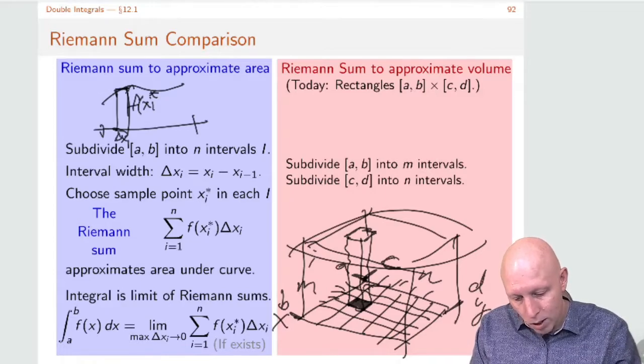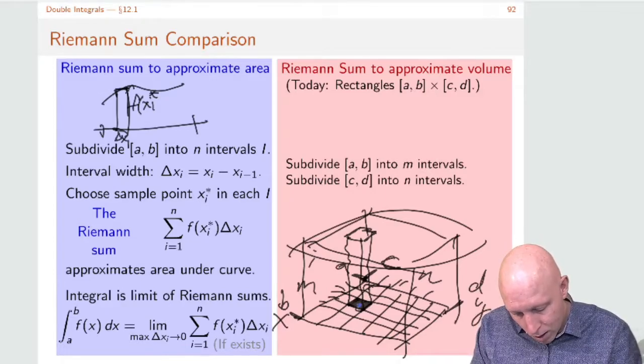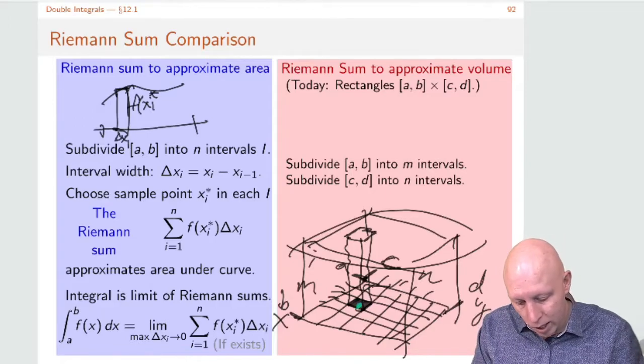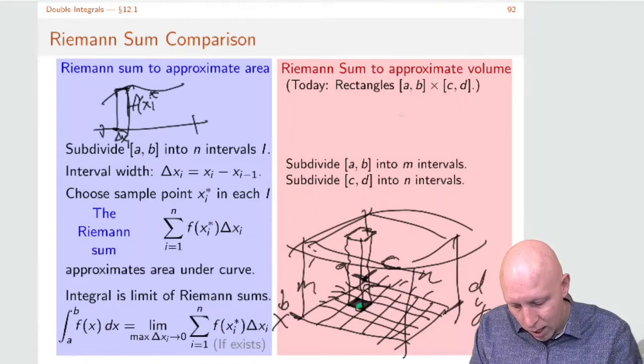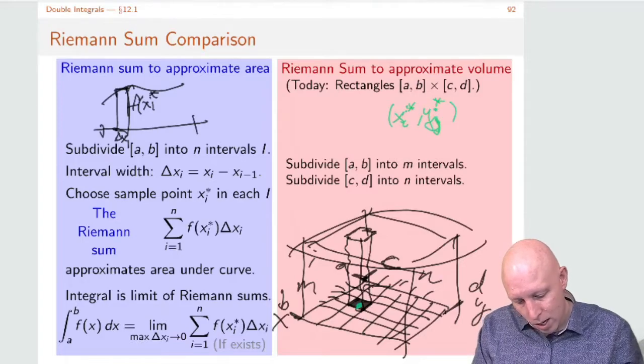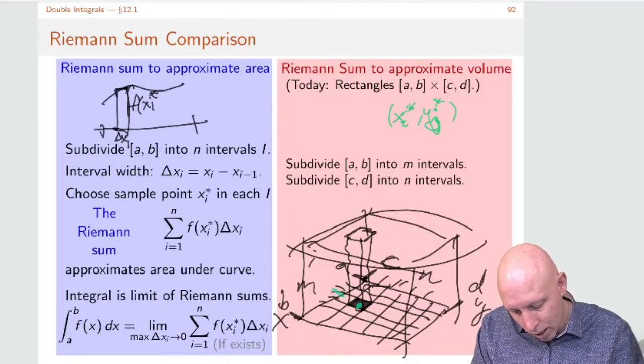We choose some special point in here, which we'll call xi star comma yj star. And then this interval right here corresponds to delta xi, and this interval right here corresponds to delta yj.